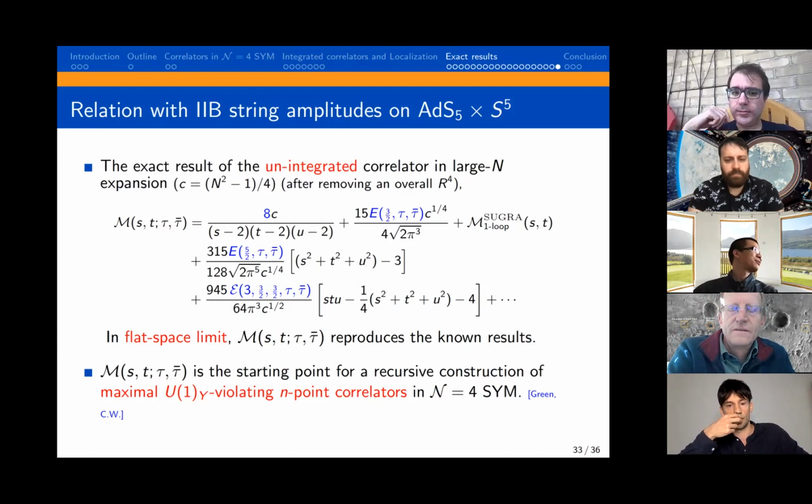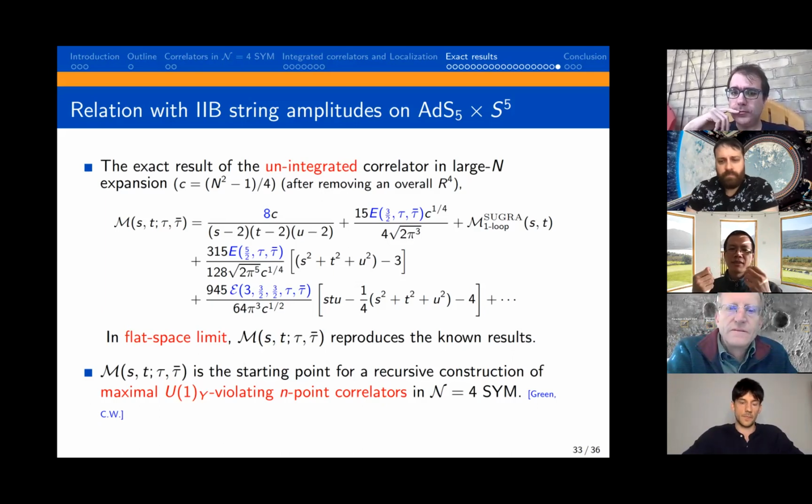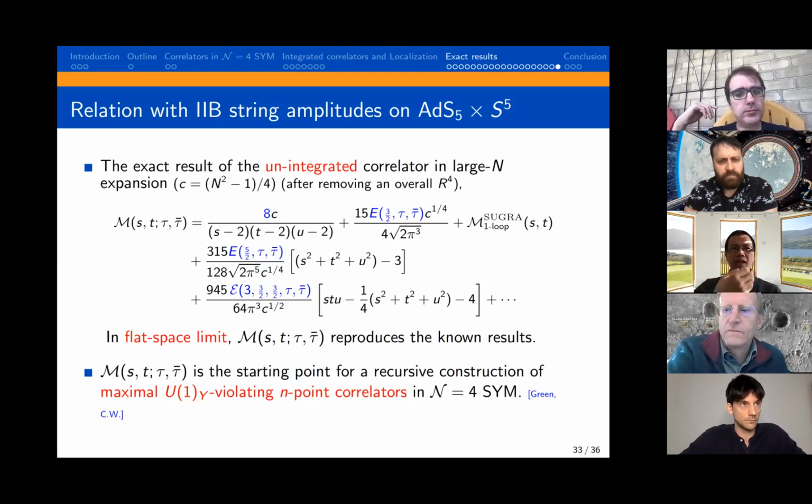Well, I think Michael was saying, roughly speaking, I have D^4 R^4. Then I compactify on AdS5 times S5. The D^4 can go to S5 or go to AdS5.